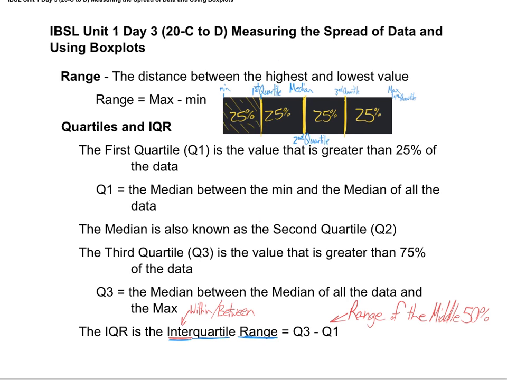Let's say you had a total range of 60, but your IQR was only 10. What would that tell you about your data?